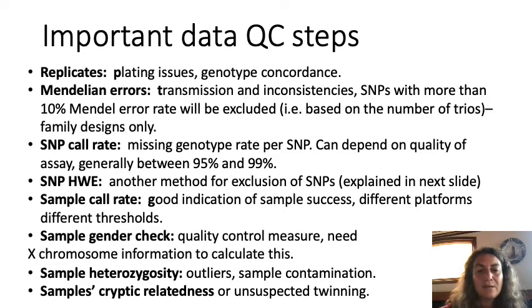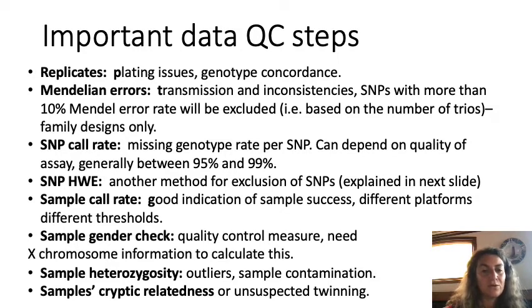Another one is the sample call rate. This is a sample-based QC method, and it is a good indication of sample success. Different platforms have different thresholds, but this will be mainly determined by your initial DNA quality, and it will be related to SNP call rate.